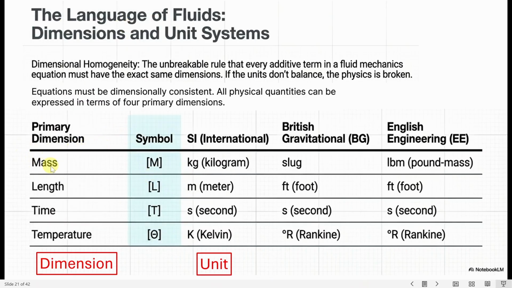The symbol that we use for mass is capital M. For length we use capital L. For time we use capital T, and for temperature we use, I don't know what this symbol is, maybe capital theta.